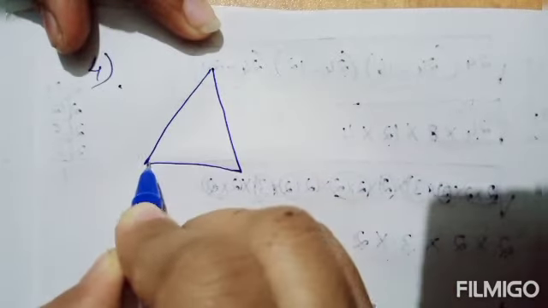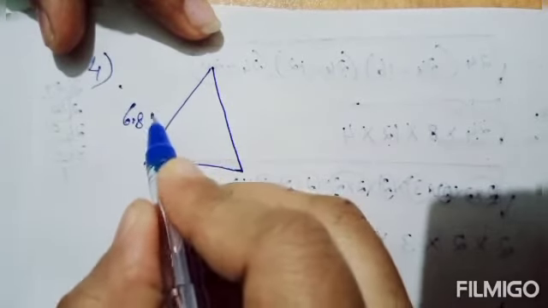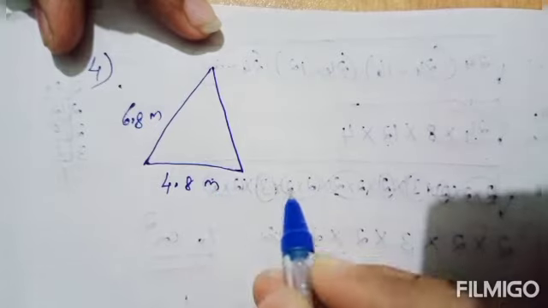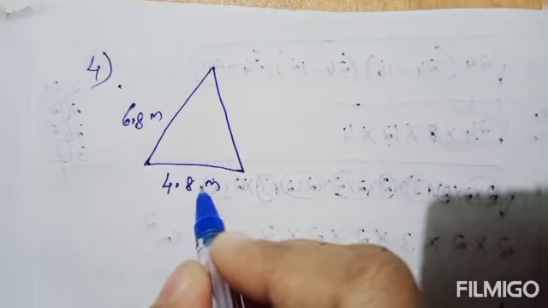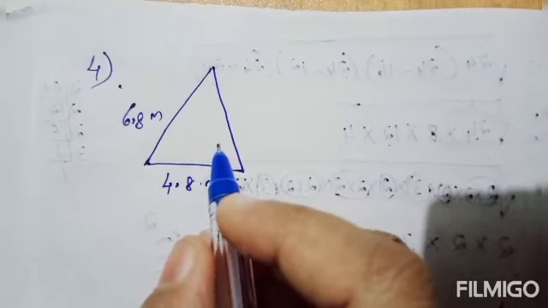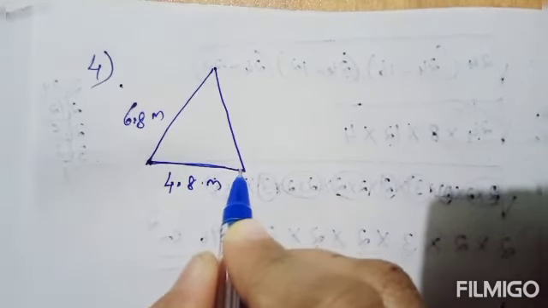If the height of the triangle corresponding to the 4.8 side is 6 meter, find first the area of the triangle, second the height of the triangle corresponding to the 6.4 meter side.